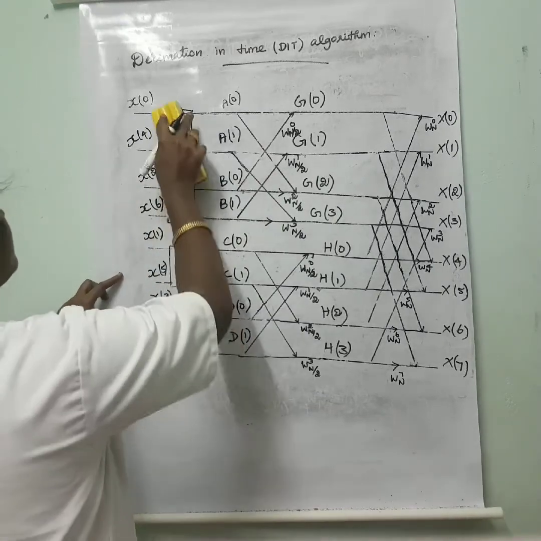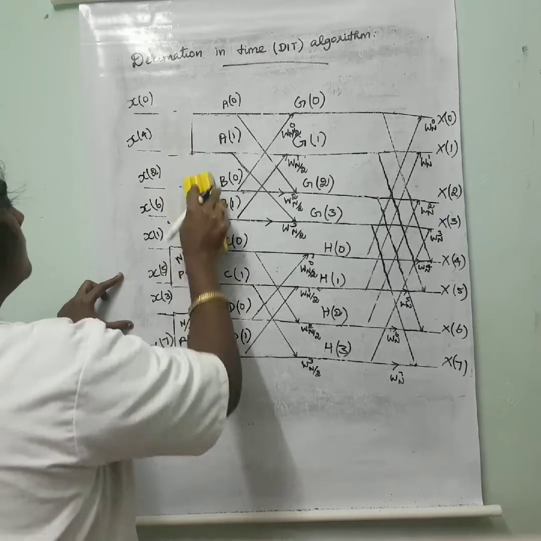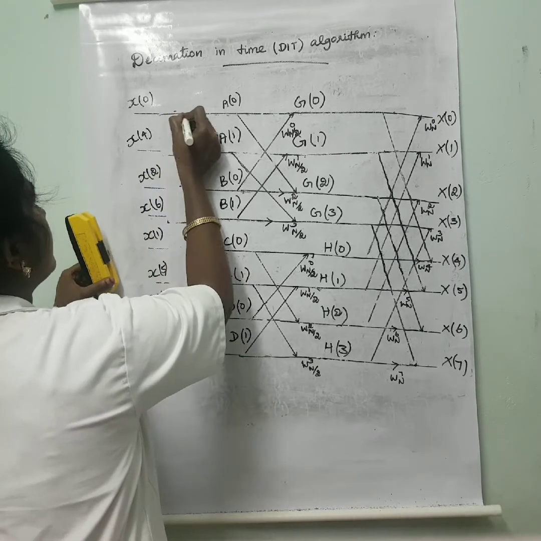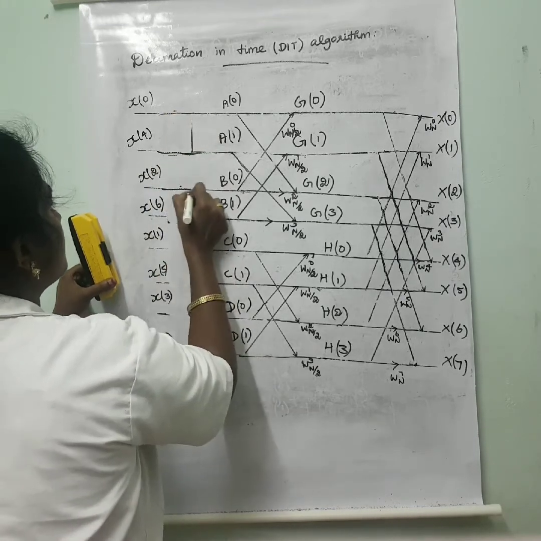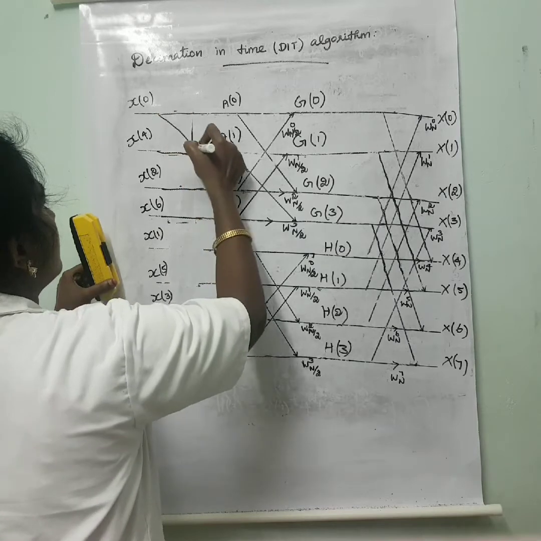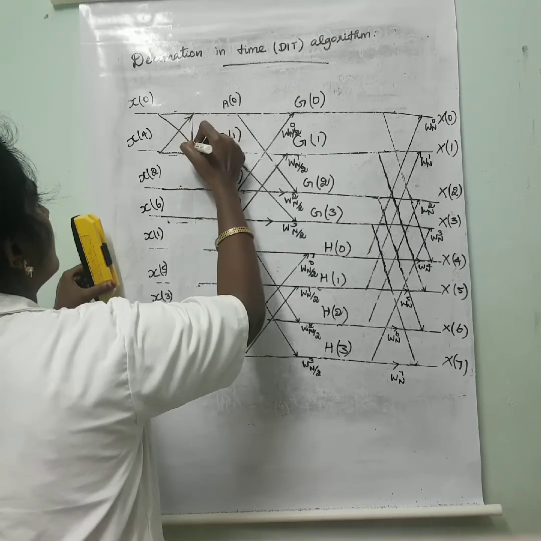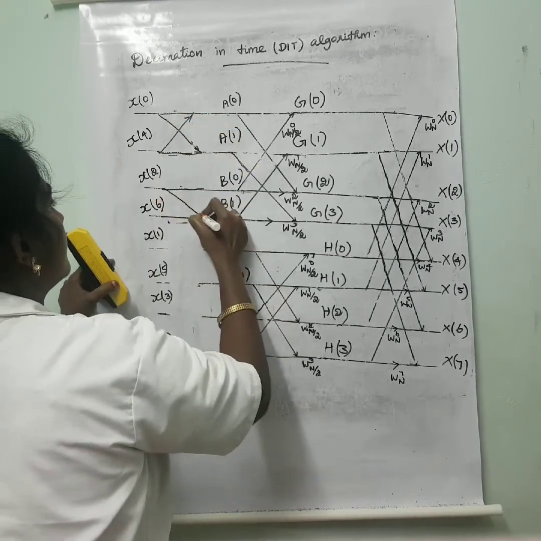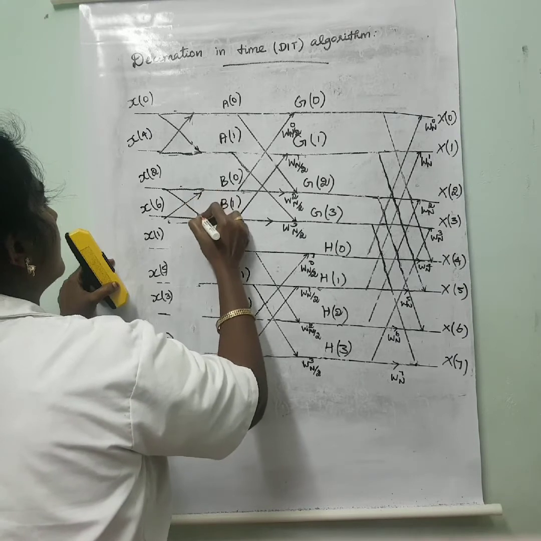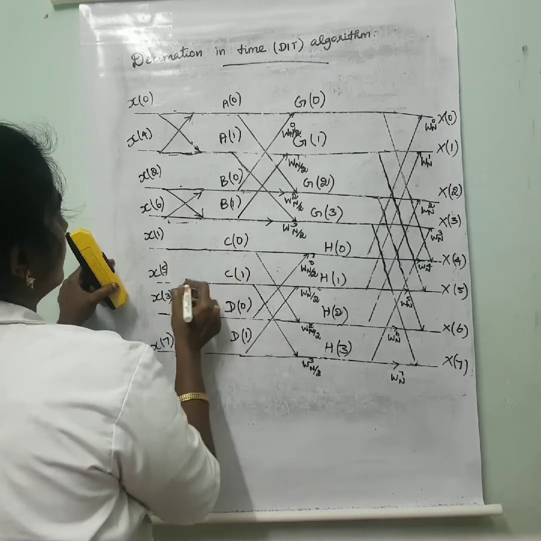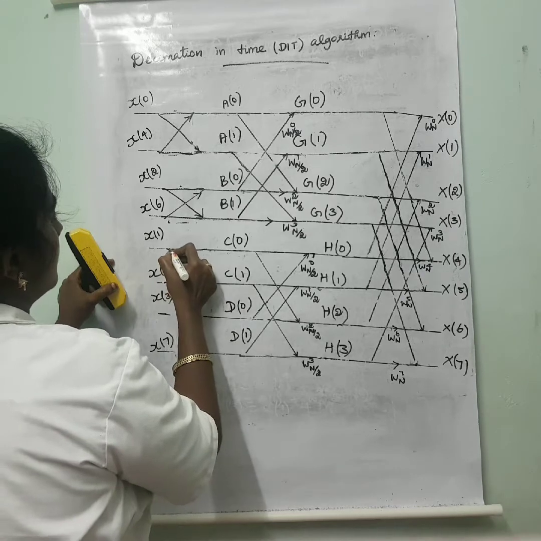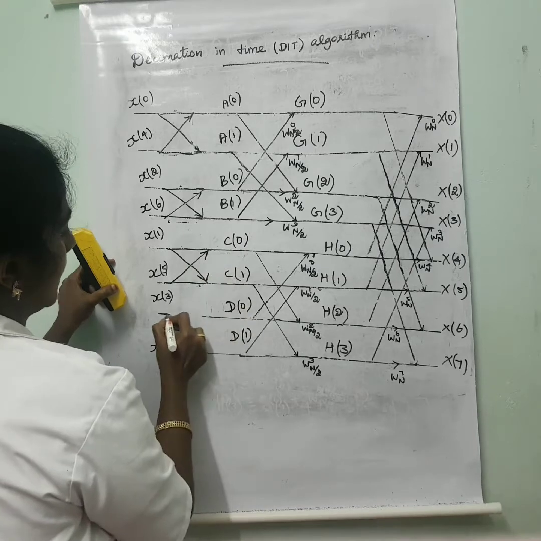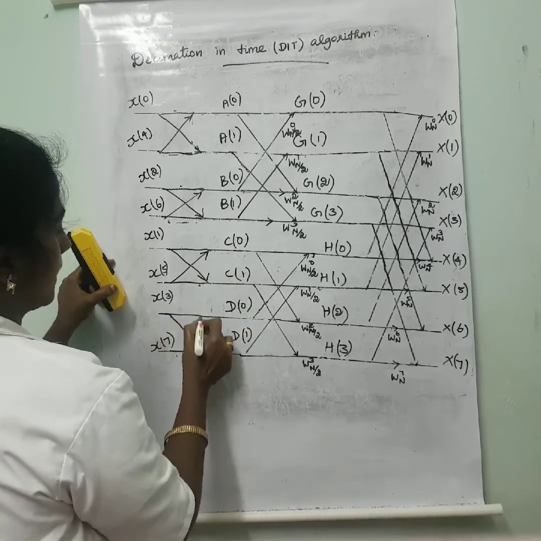Third stage, you will draw like this way. That is, we are splitting into 2. You will draw like this way. The third stage, you will get a diagram like this.